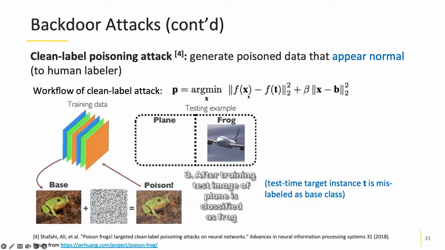This is because the generation of the poisoned instance enforces the feature space collision between the poisoned instance denoted by X here and the features obtained by the target instance, which is denoted by T in this equation.